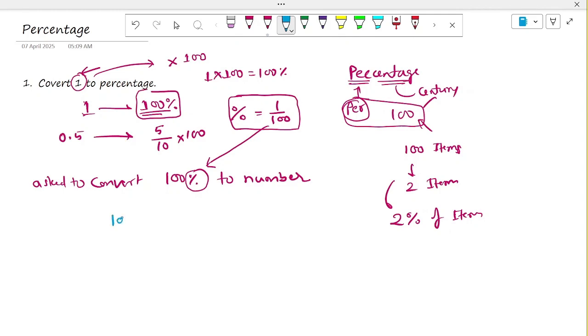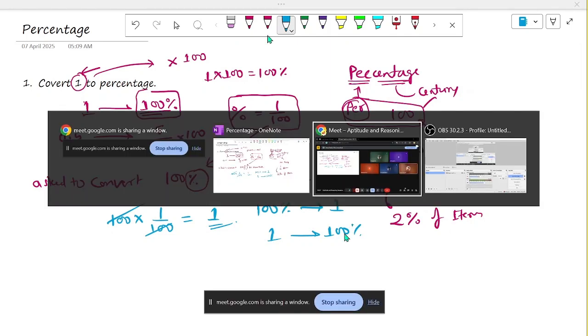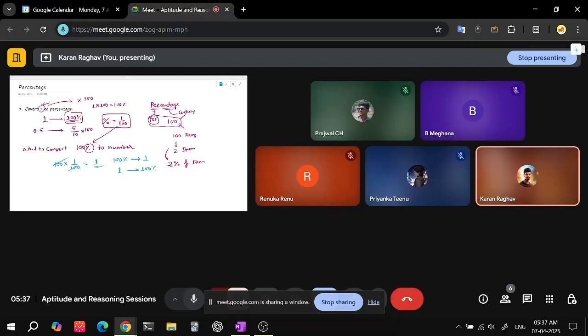So it will be what? 100 into percentage symbol is 1 by 100. So it will be equal to what? 100 cancel. We got 1. So 100% is nothing but 1. So 1 is nothing but 100%. I hope you got this question. Right? Very simple, but you should know about this.